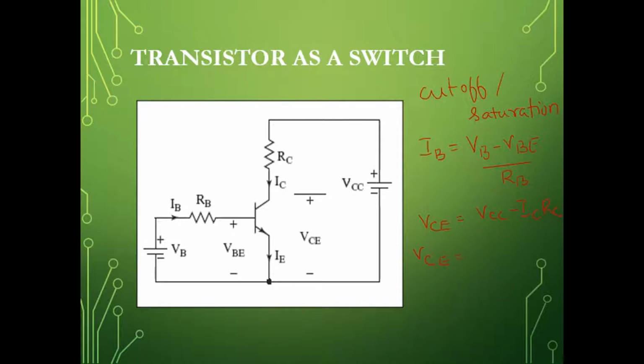How can we express it in terms of IB? We know that IC is equal to beta IB. So I write IC as beta IB into RC. Now we have VCE is equal to VCC minus beta IB into RC.